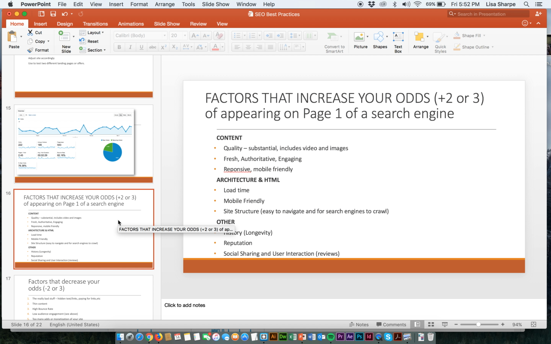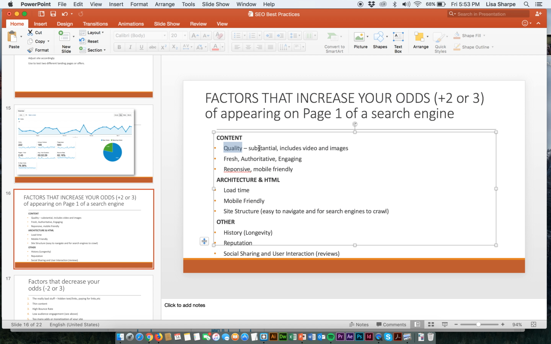Okay, there have been analyses of what increases your odds of appearing on page 1 of any search engine. Look at this. Number 1, content. Fresh, authoritative, engaging content that is responsive. In other words, it's using responsive design, which we're doing. It has to be mobile friendly because where are we browsing the web these days? On our mobile devices and our phones.